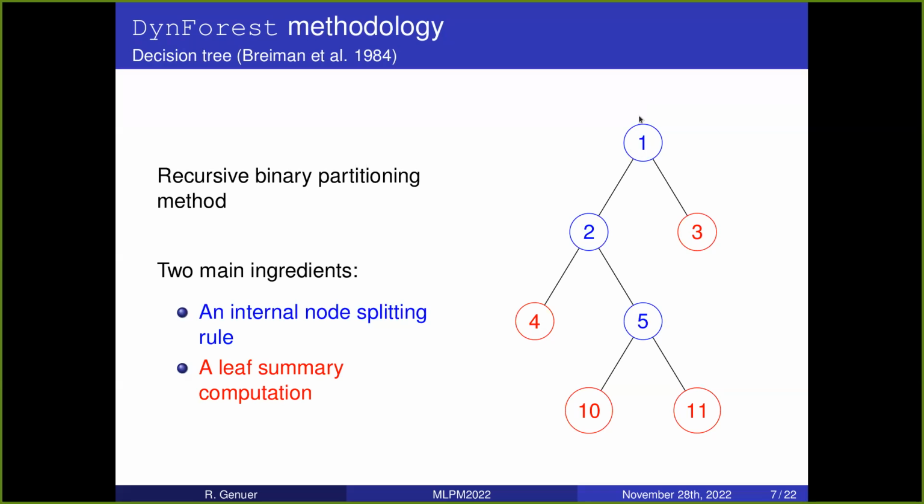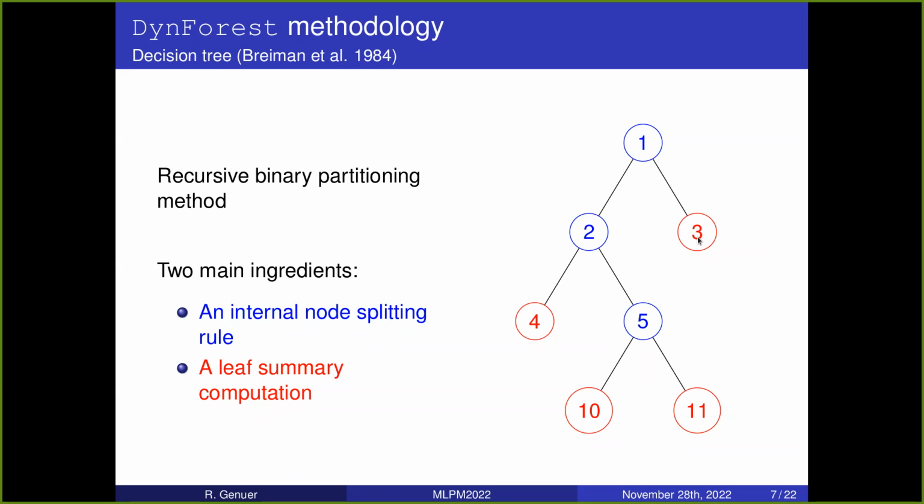You start with all your data in the root node, which is at the top, node number 1 here. You seek the best way to separate this node into two child nodes: the left child node here, number 2, and the right child node, number 3.